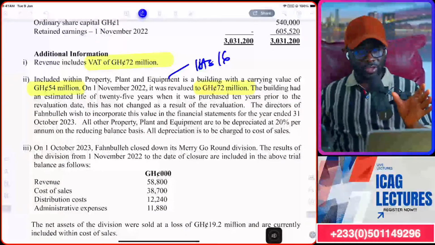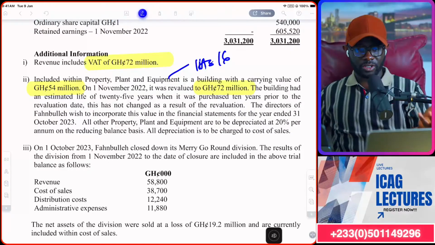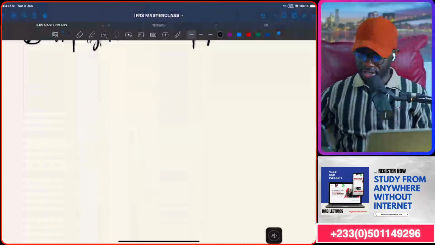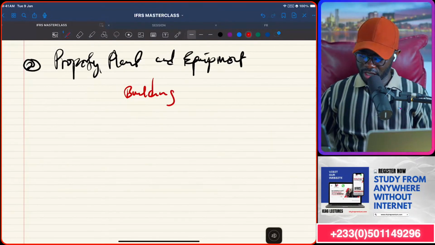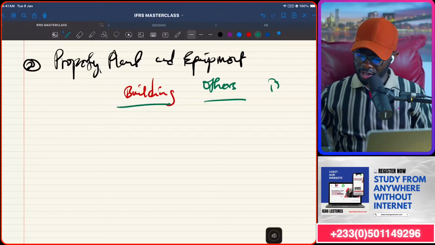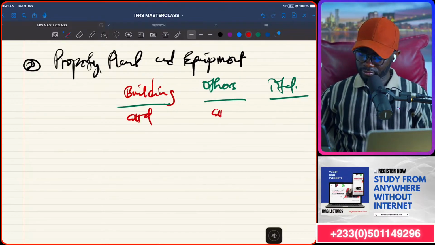From the look of things, it means the properties is being separated in respect of the building and the other property. So we will do the same thing here. So we'll have the building coming up, and then we'll have others coming up. Then maybe we'll have a total here. Working 3 zeros up.